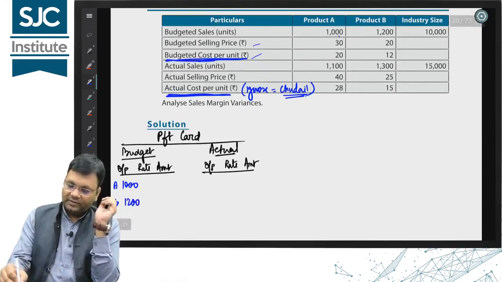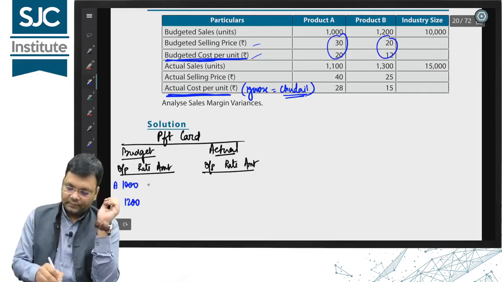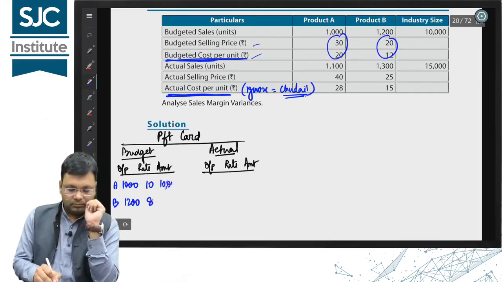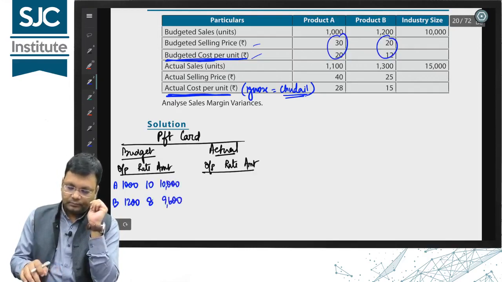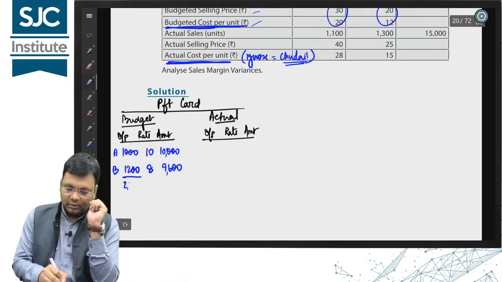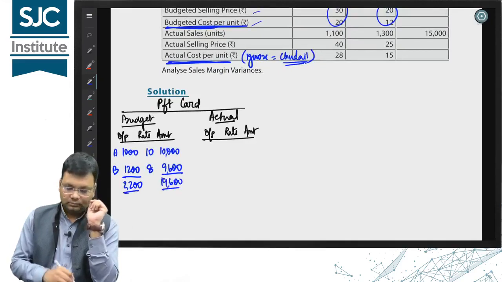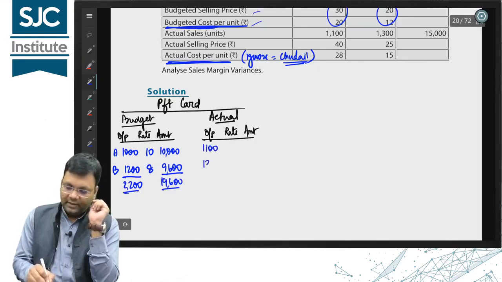Profit you find out, selling price minus cost. 10 and 8. 10,000, 9,600. 2,200 and 19,600. 1,100, 1,300, 2,400.